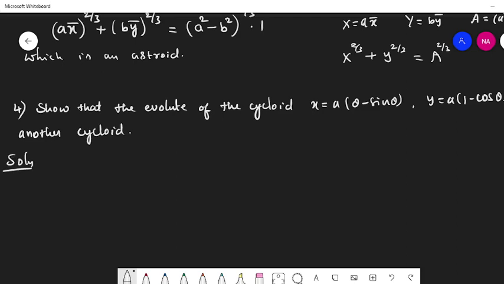Solution. First, let us consider the given thing. It is already in parametric form, so nothing to worry. x equal to a times (theta minus sin theta), y equal to a times (1 minus cos theta).